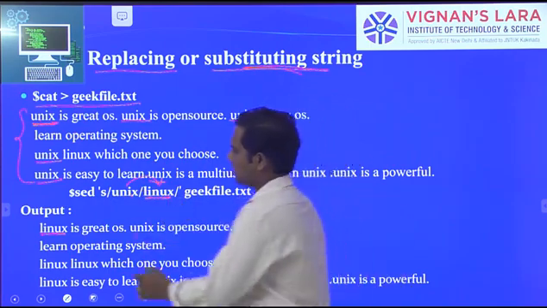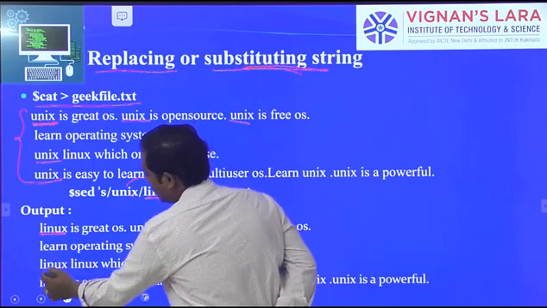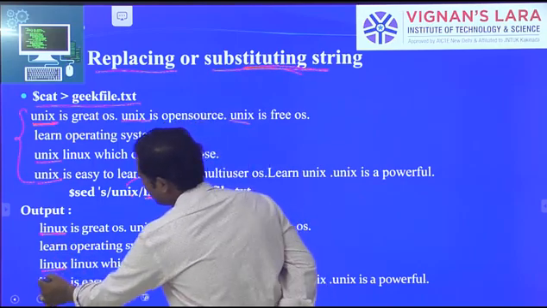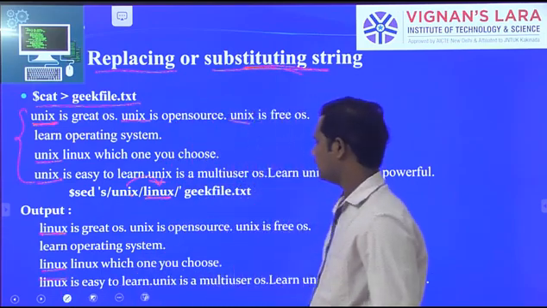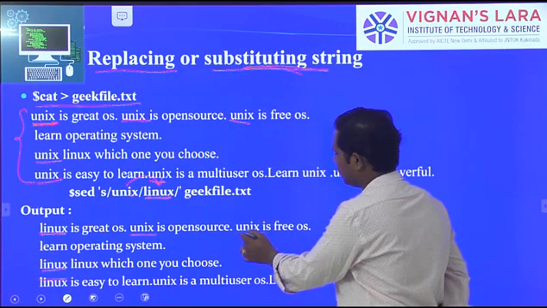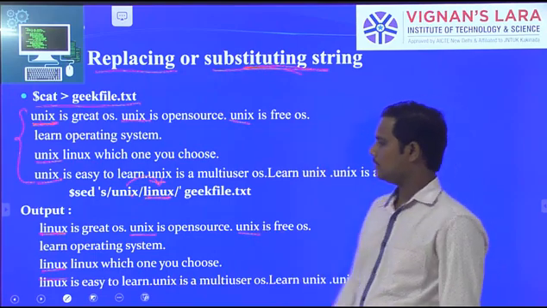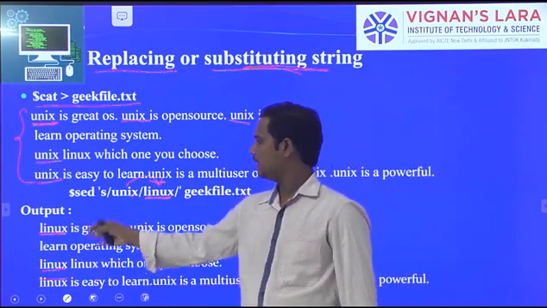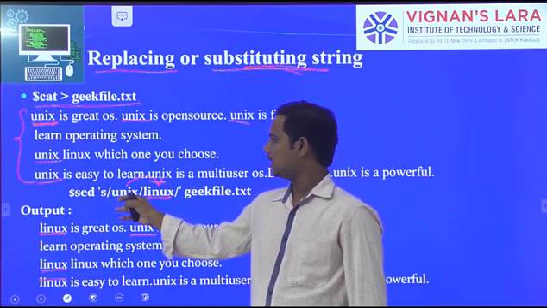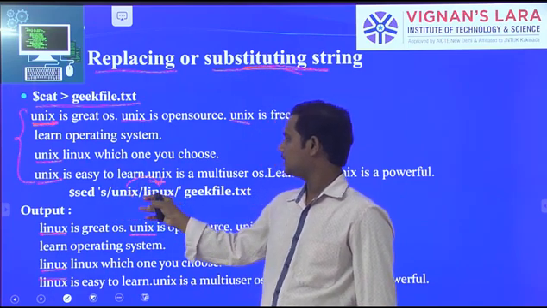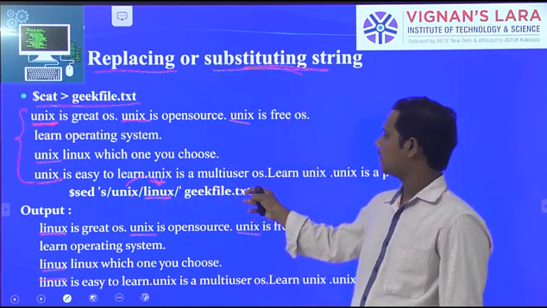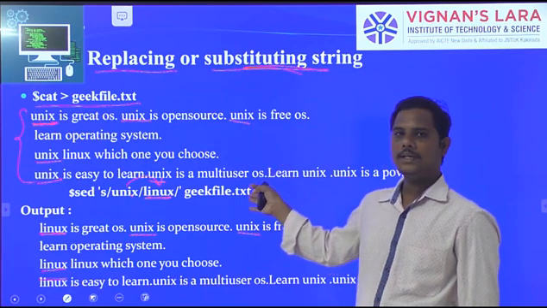You can see that here Linux is there, here Linux, here Linux. But here Unix has no change, so only the first occurrence. If Unix is at the start, it will display Linux. Which file? grepfile.txt, so you can understand easily.